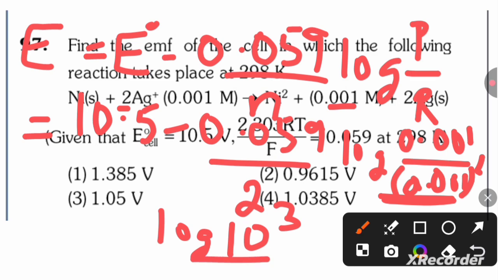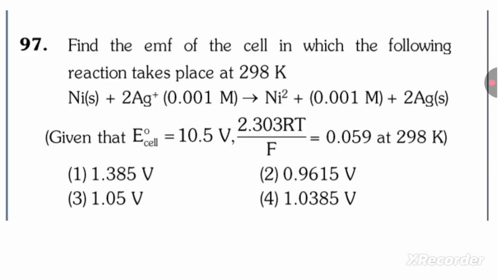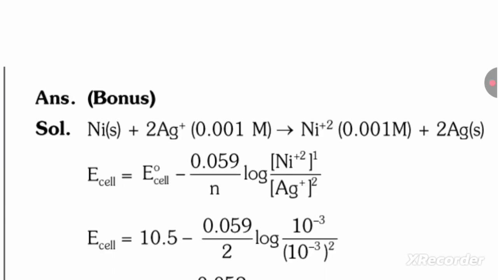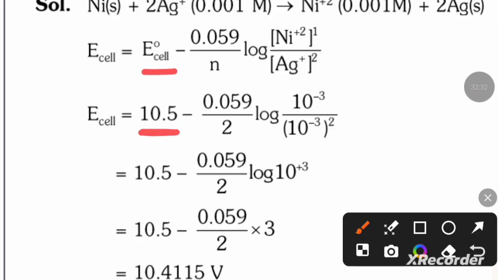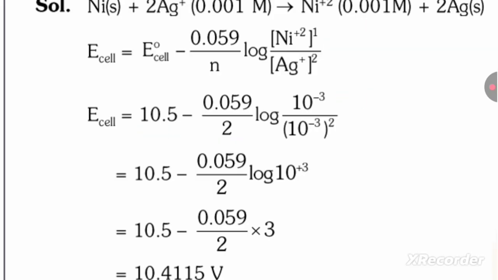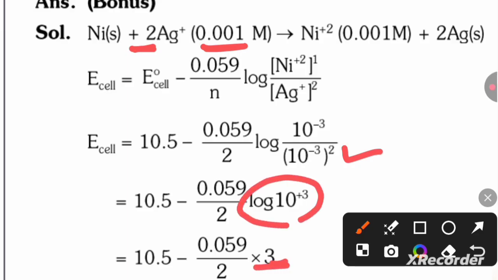So when you calculate, you will get 10.4 volt as the answer, but in the options no correct value has been given. So you can see here by substituting the values, E0 value has been given 10.5, number of electrons is 2, concentration of Ni2+ is 10 to the power of minus 3, that is 0.001, and concentration of silver ion is 0.001, that is 2 times. When you calculate, you will get log 10 to the power of 3, whose value is 3. After calculating, you will get 10.4 volts.